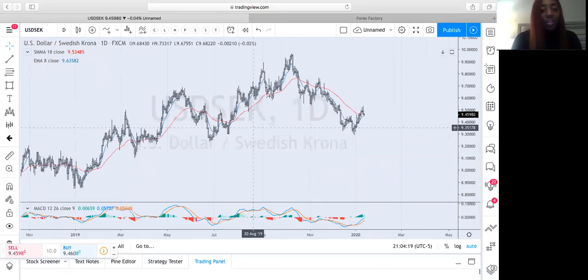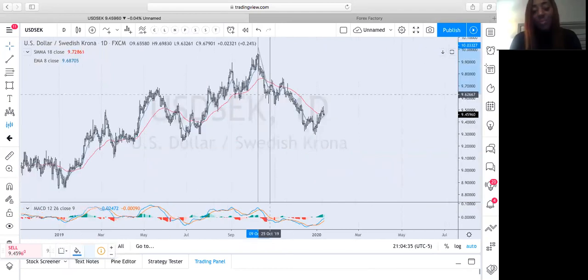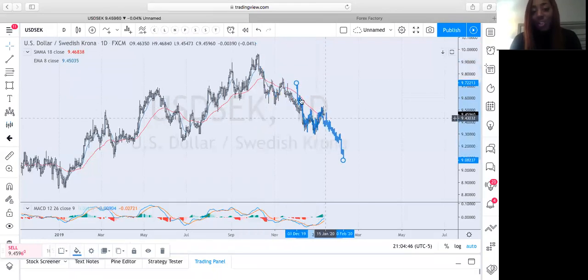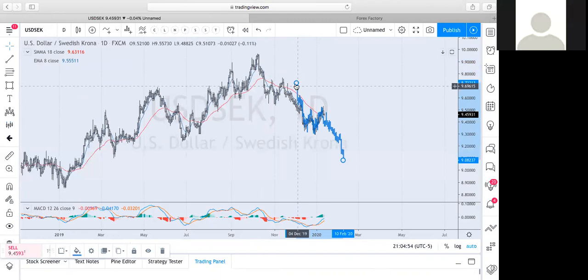We have this downtrend structure. We have this pullback, then we have this here, and then we have the continuation of this downtrend. I'm just going to copy that and bring it to this point. You see that? It's exact. Y'all see it? Same height, same everything. Yes. Wow.